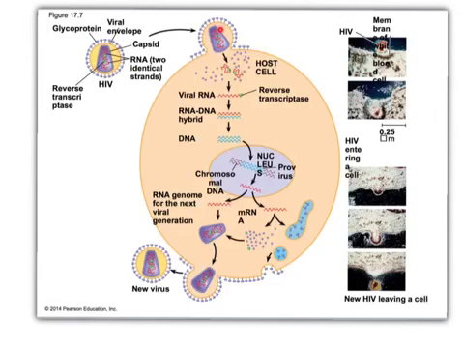The first thing that happens is that viral RNA is reverse transcribed into a DNA-RNA hybrid. Then the DNA is replicated and replaces that RNA.